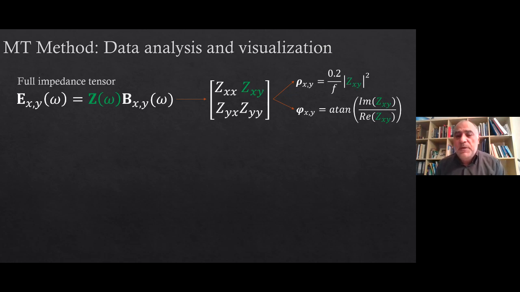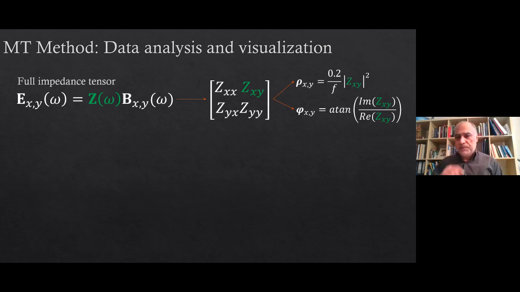But most people use the apparent resistivity and phase, which are derived directly from the components of the impedance tensor. The apparent resistivity is nothing else than the absolute value of any component of the impedance tensor, multiplied by a factor here. And the phase is obtained by taking the arctangent of the imaginary part to the real part.